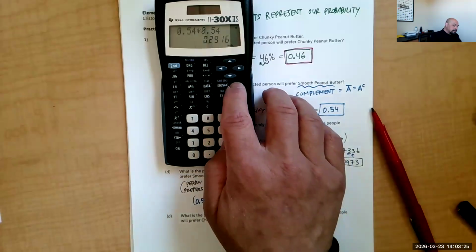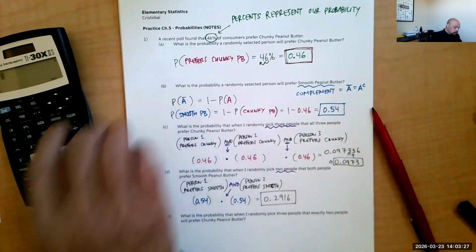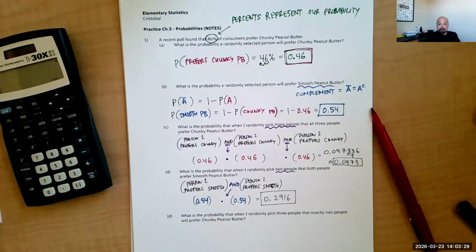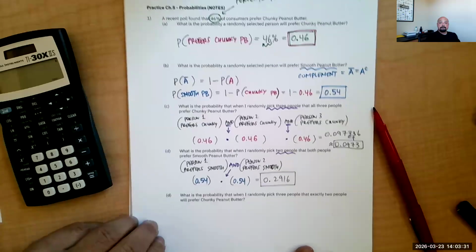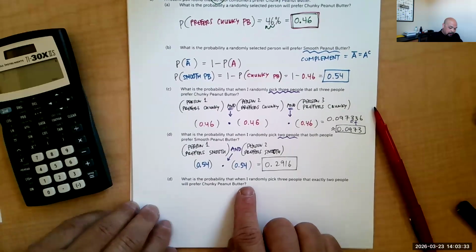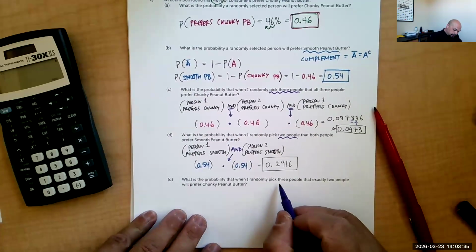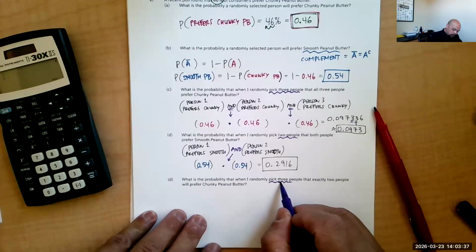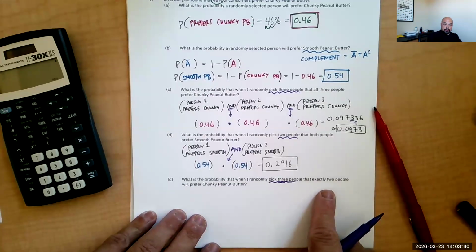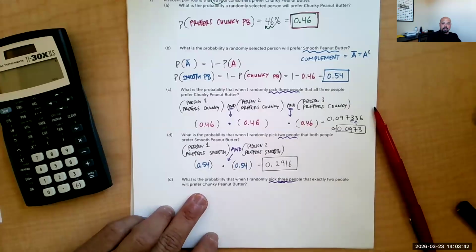And so this next one brings up something interesting, and also another phrase that we can possibly see. What's the probability that when I randomly pick 3 people, exactly 2 of those people prefer chunky peanut butter, okay?